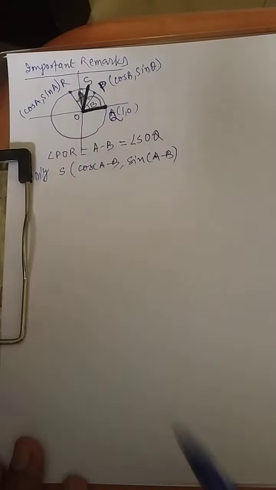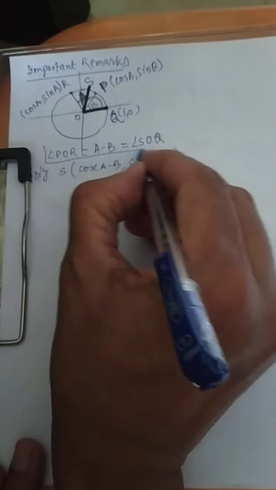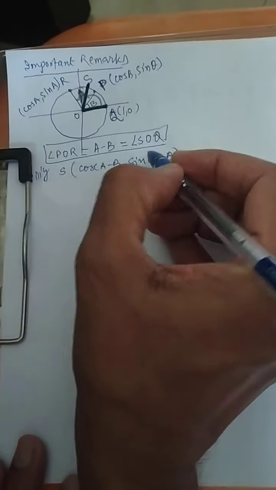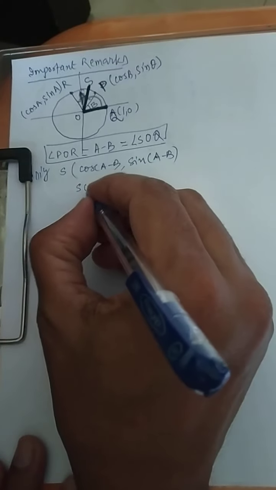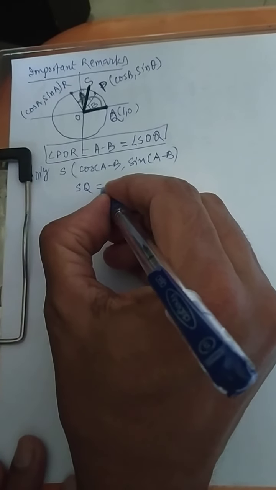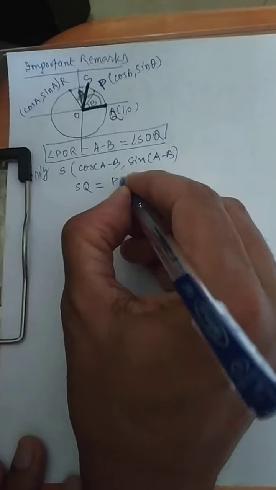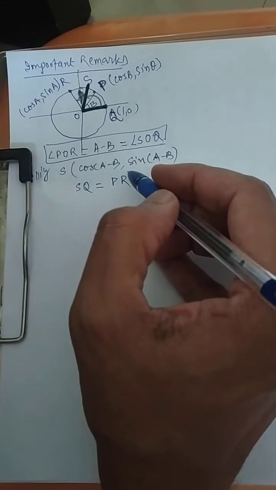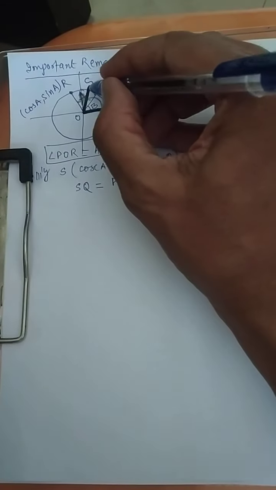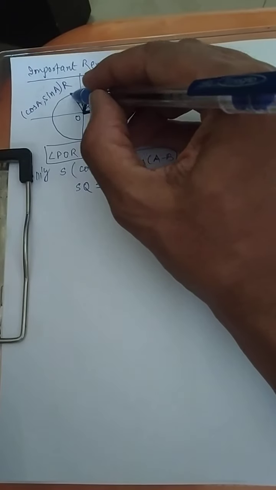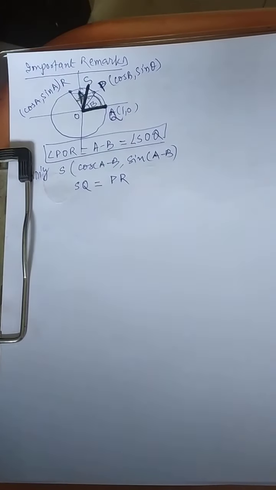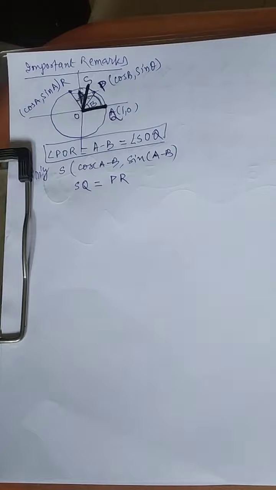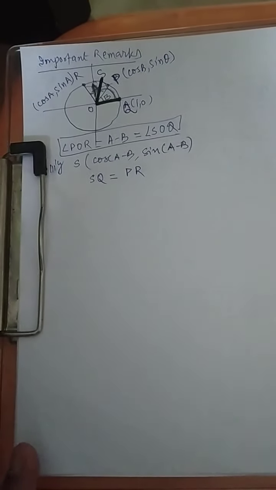If the central angles are the same, then I may say that the arc SQ and arc PR will be the same, and if you connect like this, the chords will also be the same. So I am considering this chord SQ will now be the same as PR. What is SQ in this particular case?